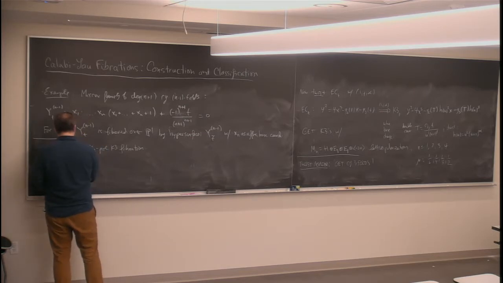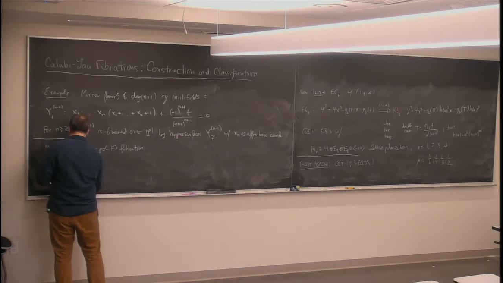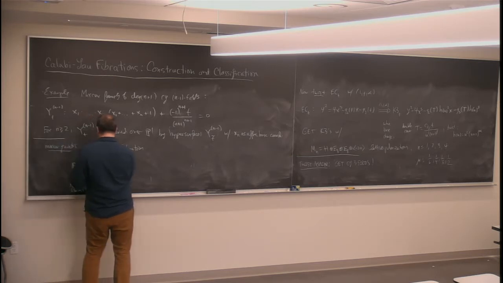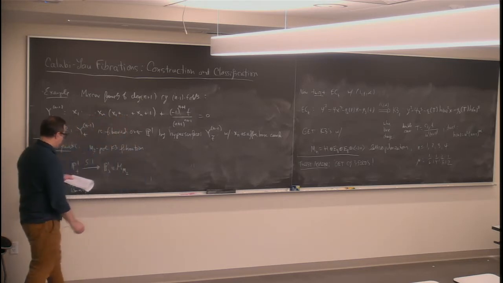And so we have a morphism from P1, I'll call it P1 T, which is the base of the M2 polarized fibration on the Calabi-Yau threefold, to P1 lambda, which I'm identifying with the moduli space of M2 polarized K3s.